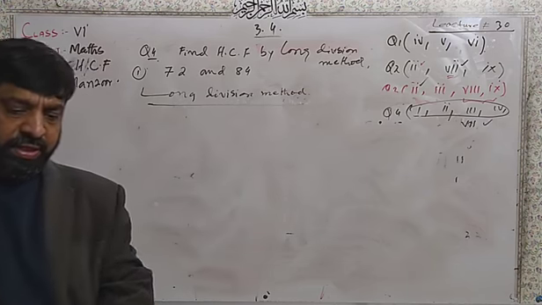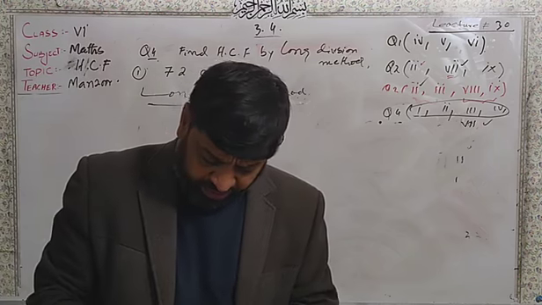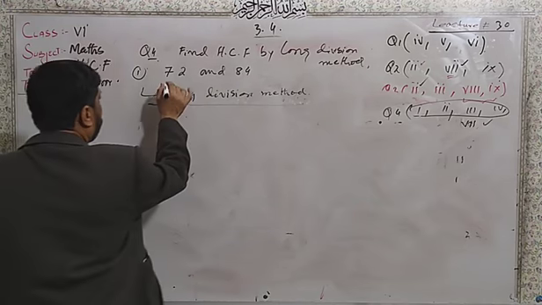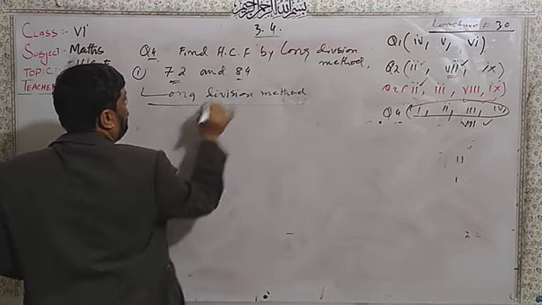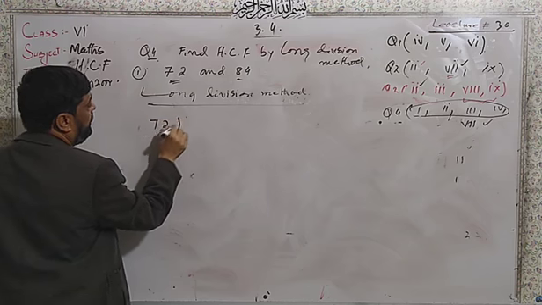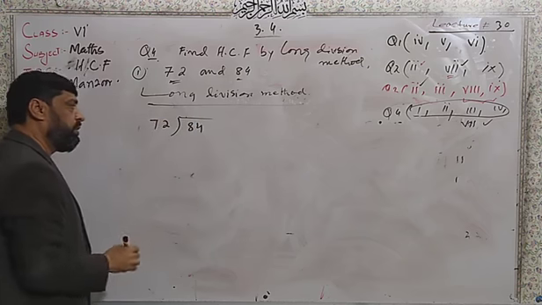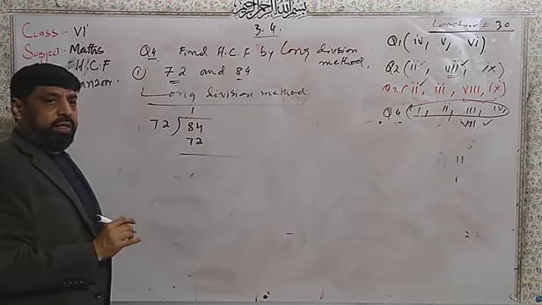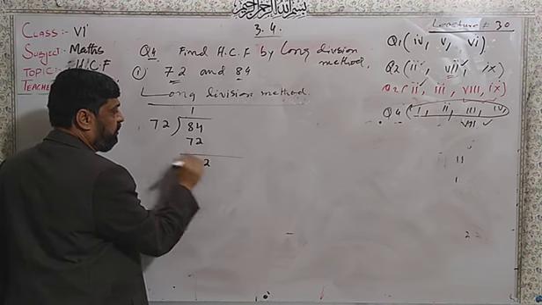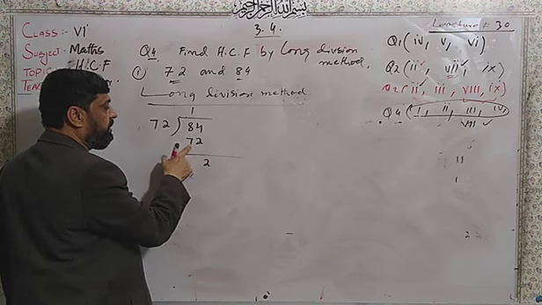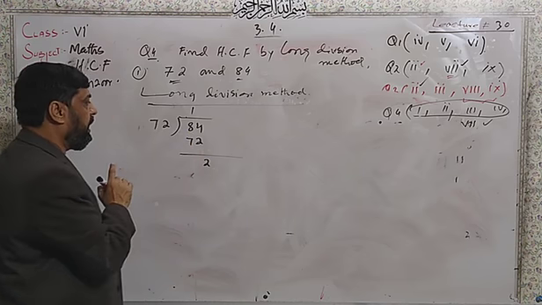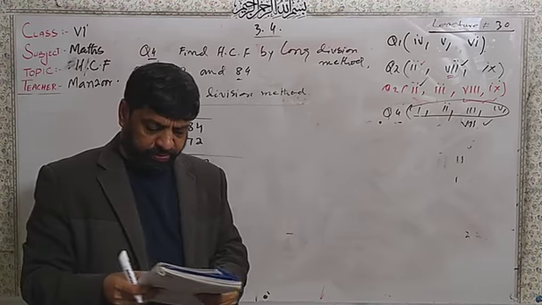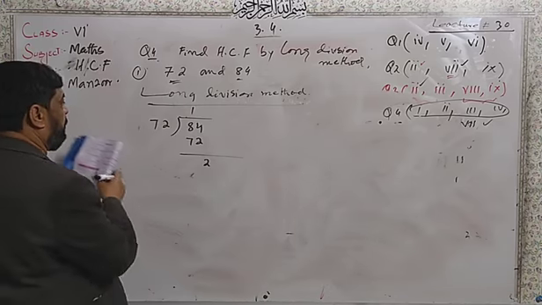I will find it by first seeing which number is the smaller. Here 72 is the smaller, so I will divide by 72, and it will divide 2 times.